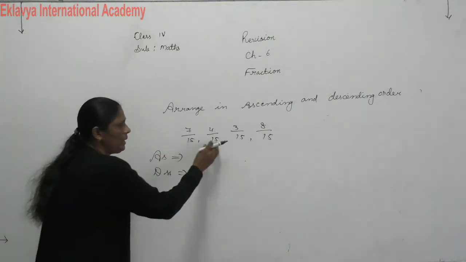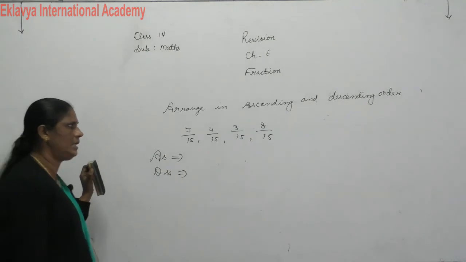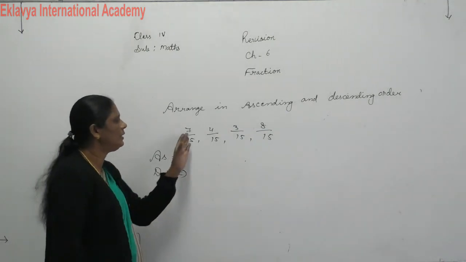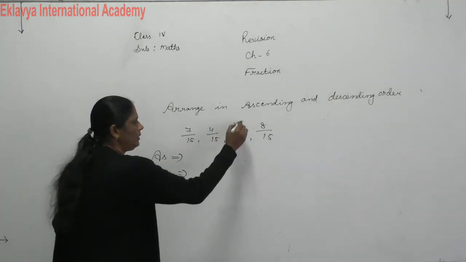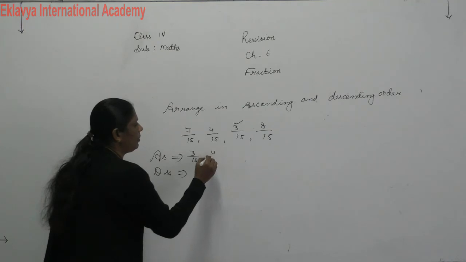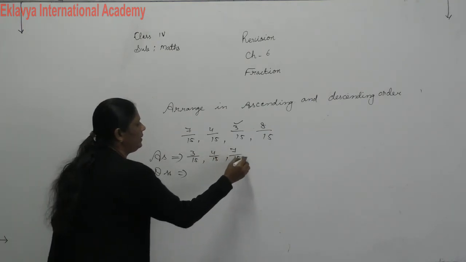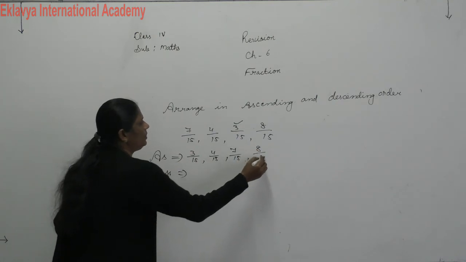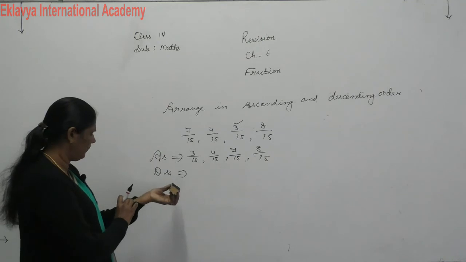Here the denominators are same. First you look at the numerators. Which is the smaller numerator? This. You write 3 by 15, then 4 by 15, then 7 by 15 and 8 by 15. This is the ascending order.